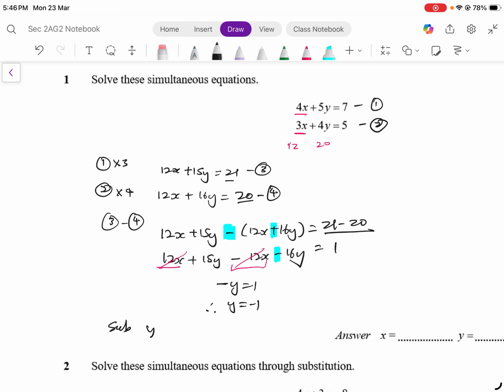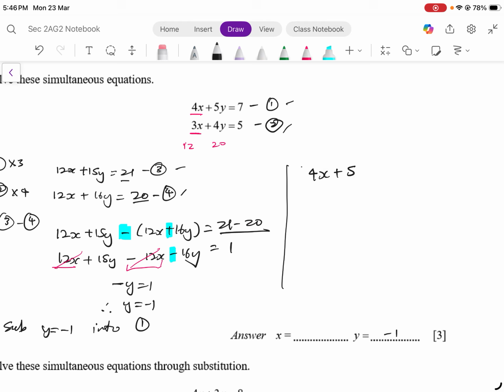So sub y equals minus 1 into any of the equations, either 1, 2, 3, or 4. Let's say I sub it into 1. So it's 4x plus 5 bracket minus 1 equals 7.